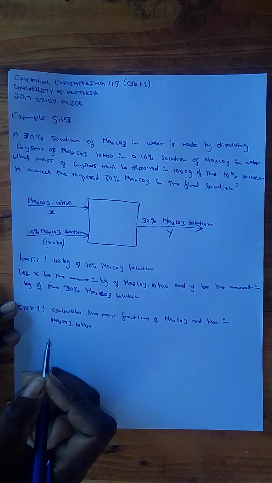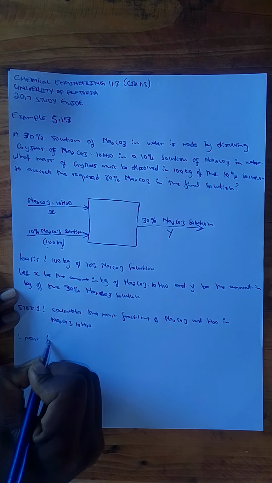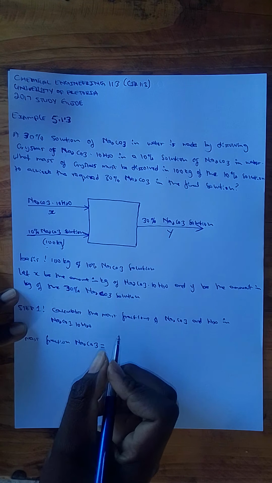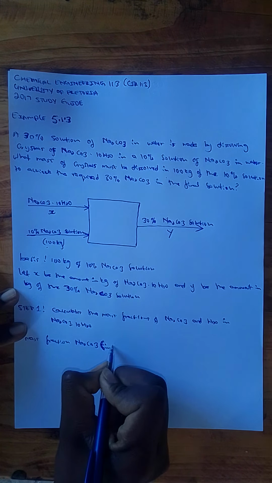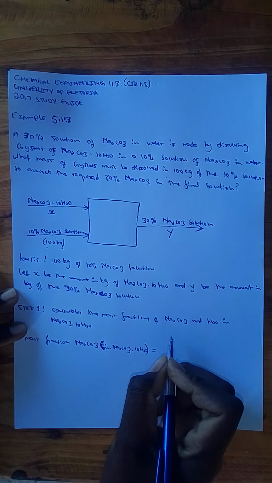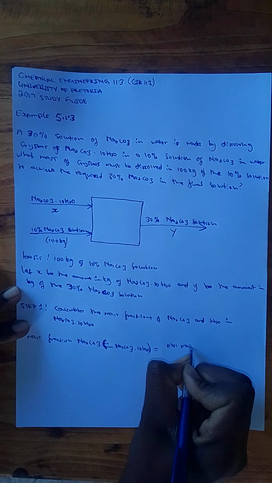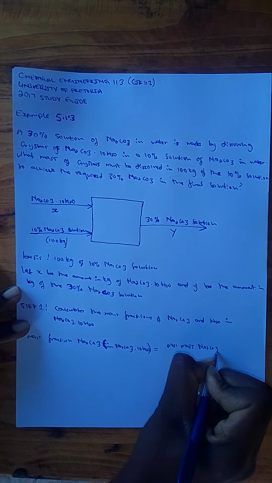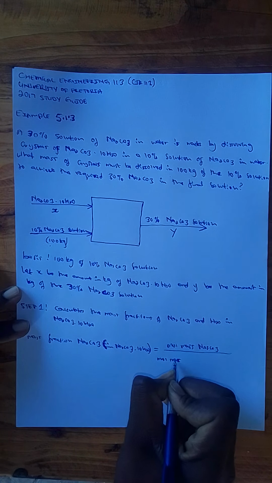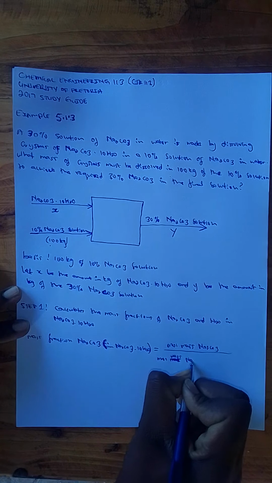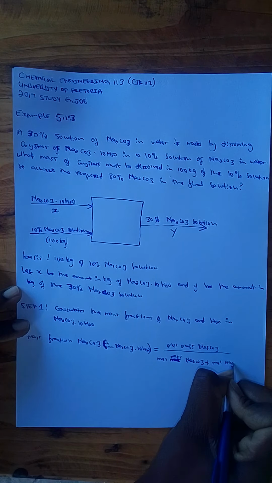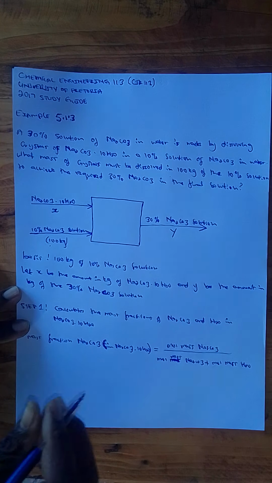So with that said, we're going to say, therefore, the mass fraction of Na2CO3 (in Na2CO3·10H2O) equals the mole mass of Na2CO3 all over the mole mass of Na2CO3 plus the mole mass of H2O.